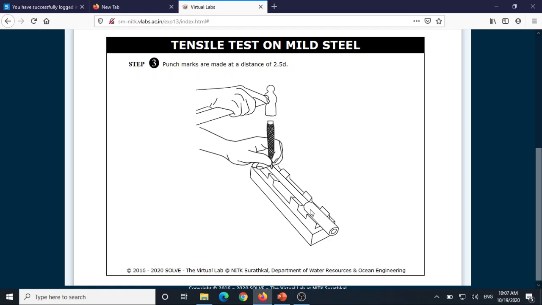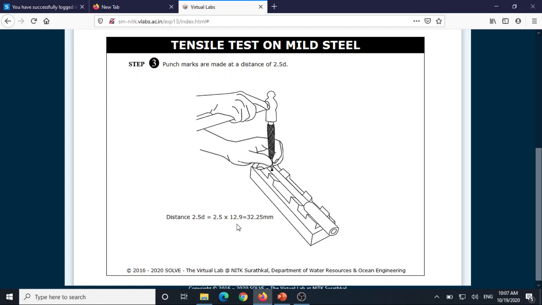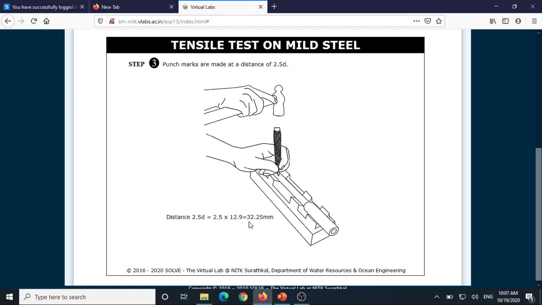The punch marks are used for measuring the extension using the vernier caliper. The punch marks are made at a distance of 2.5 d. So 2.5 into 12.9, the diameter, is exactly 32.25 mm.